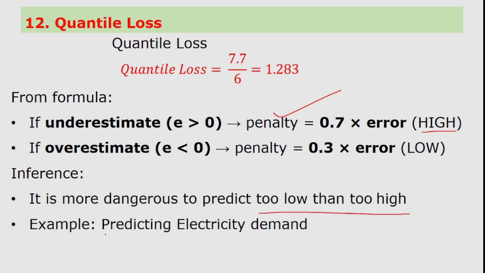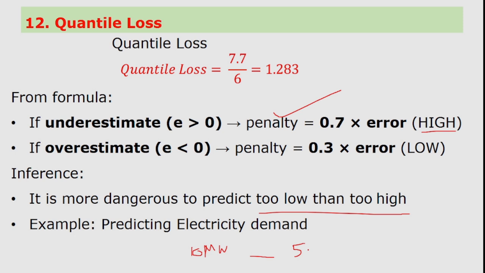For example, predicting electricity demand. For tomorrow, the actual demand is 10 megawatts, but your model says 5 megawatts. You have a huge difference, and 5 megawatts is missing. So it's a very dangerous one. The actual value we need is 10 megawatts, but the model says 5 megawatts.